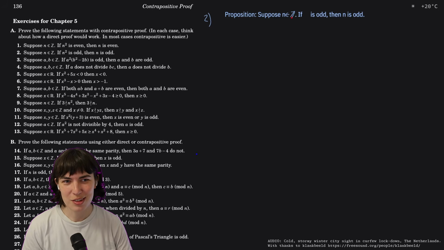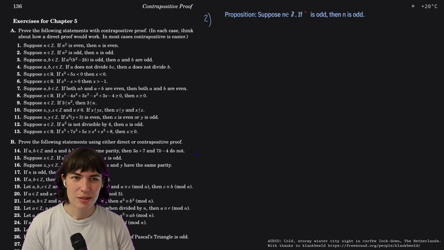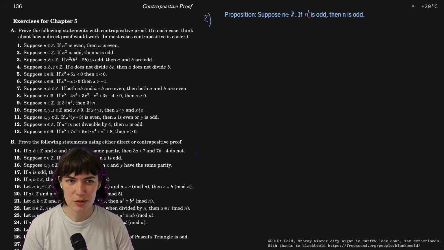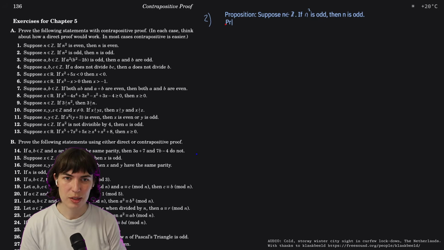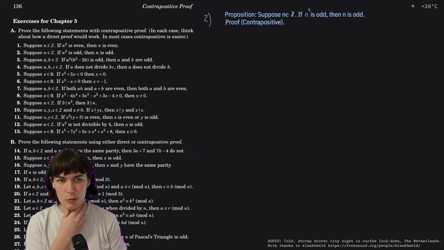Need a better way of doing this. I'm not using TeX, anyone. Nobody suggest I learn TeX. I already did that. If n is a member of the integers, if n squared is odd, then n is odd. Okay. Proof.